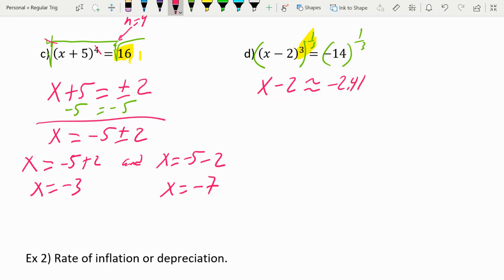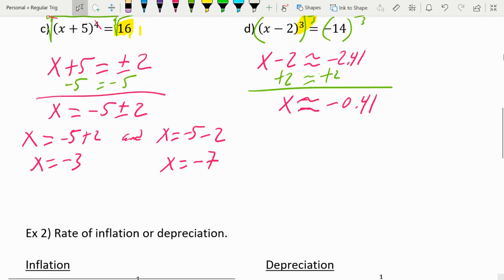So hopefully you were able to get that negative 2.41. Now what am I going to do? Well, I'm going to add 2 to both sides. So I have x is approximately equal to negative 0.41. And we're done. Hopefully it's not too bad.